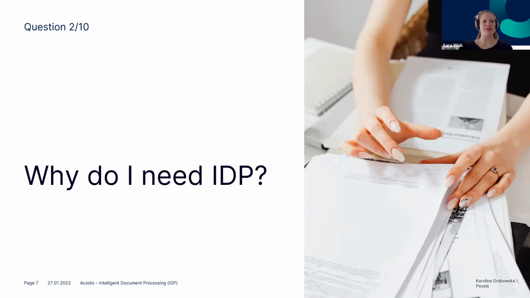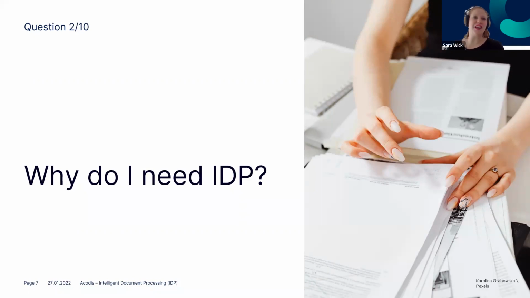So next question is, why do I need IDP? I think IDP is always useful if you spend a lot of time doing manual, cumbersome tasks involving documents. And documents here can be a physical paper, but it can also be a PDF, emails, Excel sheets, pictures of stuff.